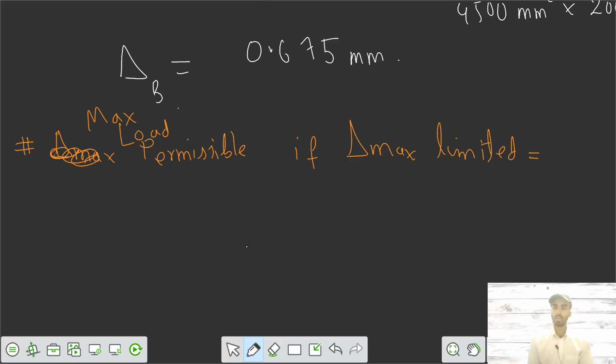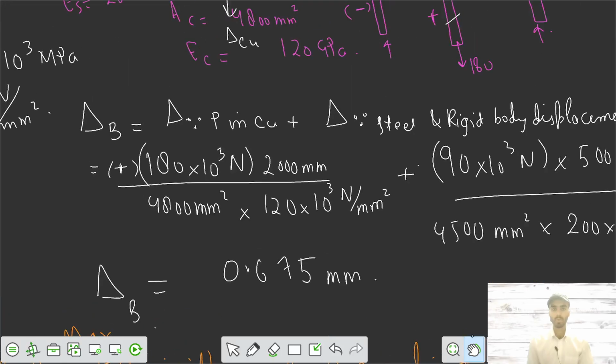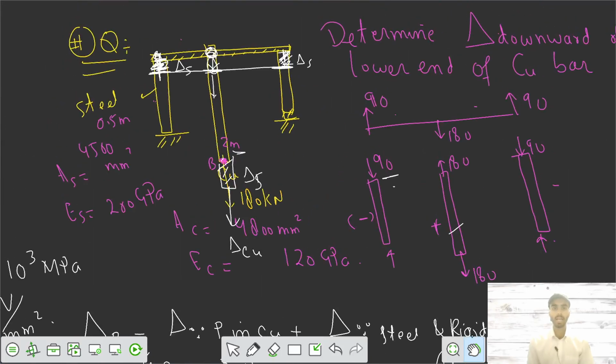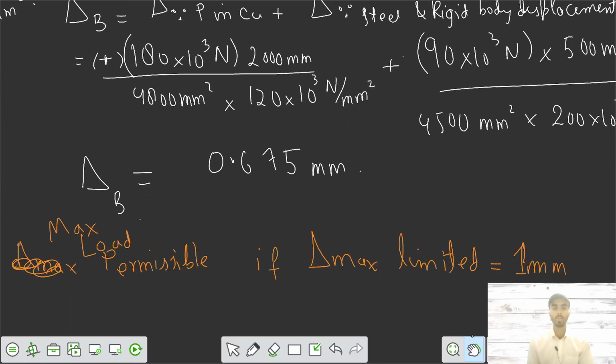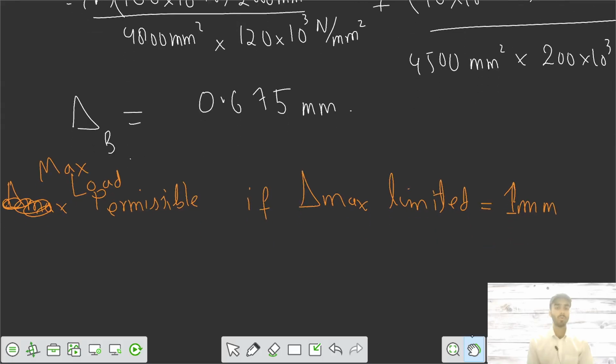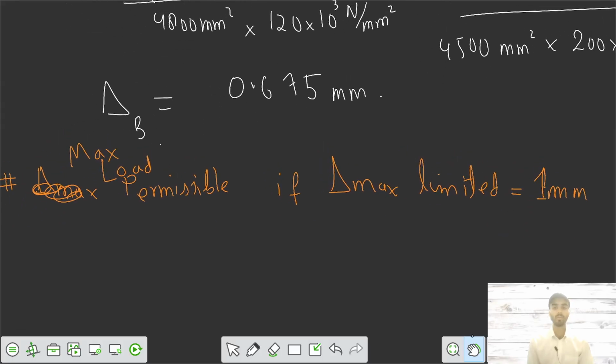If you want to say that the deflection should be limited to 1 mm. We know for the force of 180 kilonewton, you got a total deflection of 0.675 mm. So for a total deflection of 1 mm, you can use superposition.